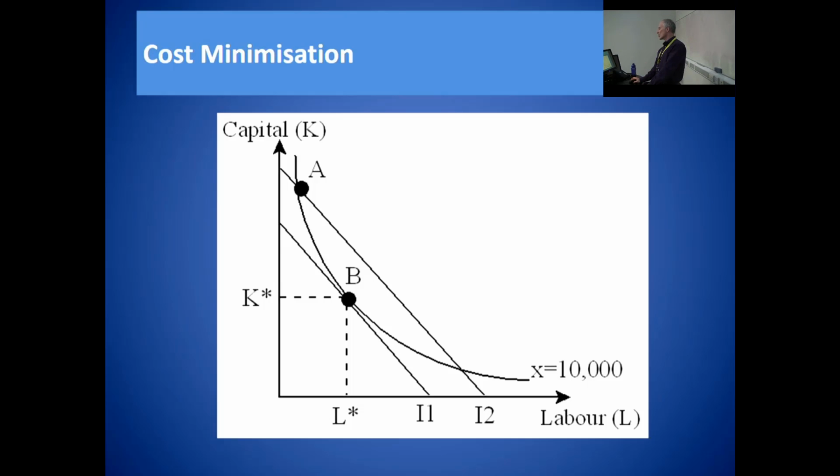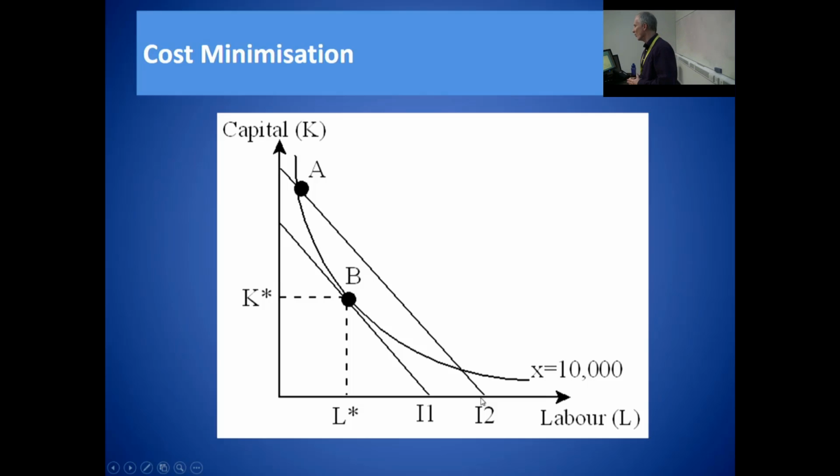Well, to find the costs associated with that input combination at point A, we would draw the isocost line that passes through point A. So with a given price of labour and a given price of capital, our isocost line will have a certain slope. And that will define isocost line I2.